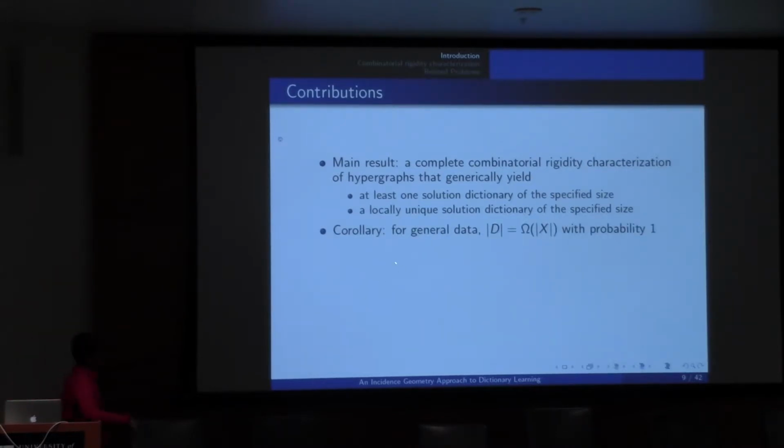So this is sort of like the first baby result, which even this was not known before: to simply show that for very general data, if I gave you random data, so your data comes from a uniform distribution on a sphere, then the size of the dictionary that you need is at least the size of the data, with high probability.